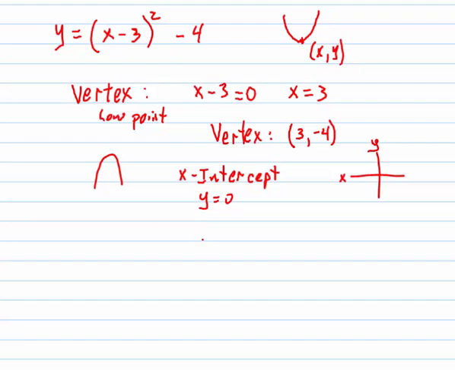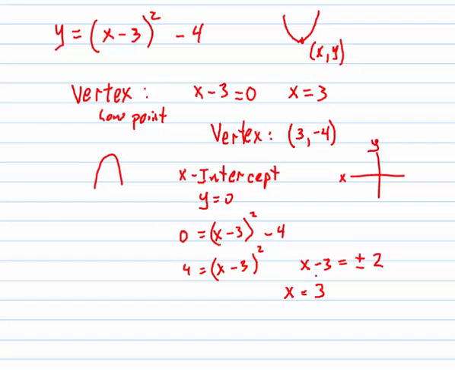So if we plug in 0 to this equation, we get 0 is equal to (x - 3)² - 4. If we bring the 4 over, we have 4 is equal to (x - 3)². Take the square root. x minus 3 is equal to plus or minus 2. And so then x is equal to 3, add the 3 over, plus or minus 2.